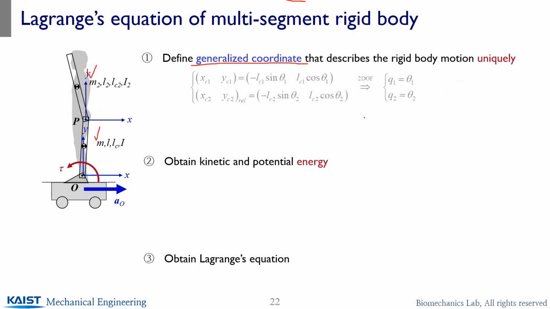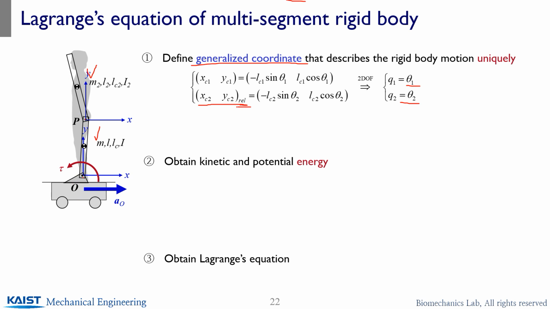So it will be maybe theta 1 and theta 2 describing the tilt angle for each segment. And the thing is, should I then put the relative reference coordinate at the pelvic point, or should I set the reference coordinate to describe the upper segment at the ankle? Which one should I use?